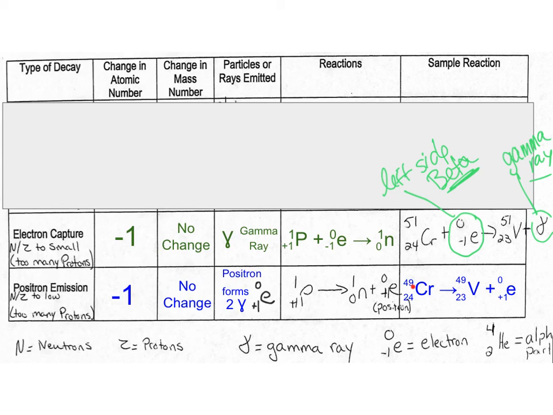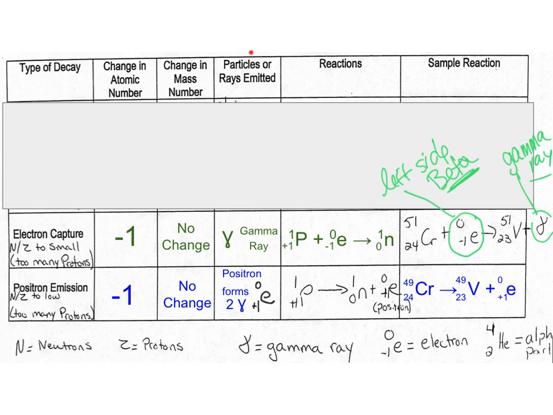So we have 49, 24 Cr. I'm going to go first and look at my atomic number. It says it's going to drop by 1. So 24 minus 1 is 23. Next, my mass number says no change. So I'm going to go 49, 49. I look at my new atomic number, 23, and I see that that's V on the periodic table.